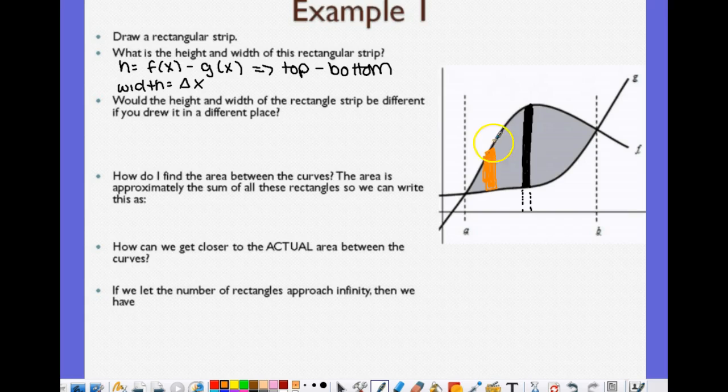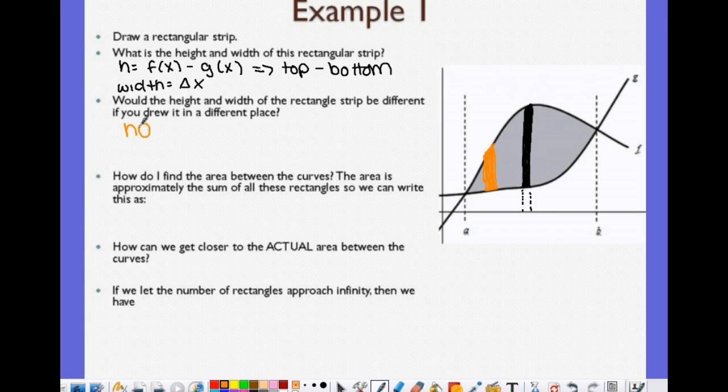No, because it's still f of x at whatever this is, minus g of x at whatever this is, and my rectangle's width is still delta x. So the answer is no. No matter where you draw it, the height and the width are predetermined by f and g and delta x.